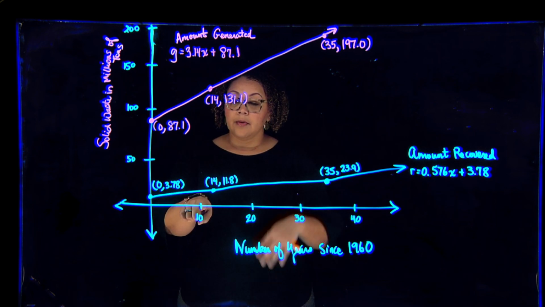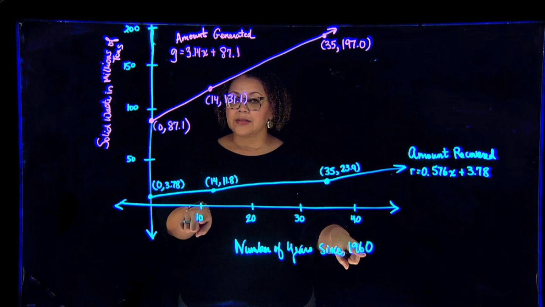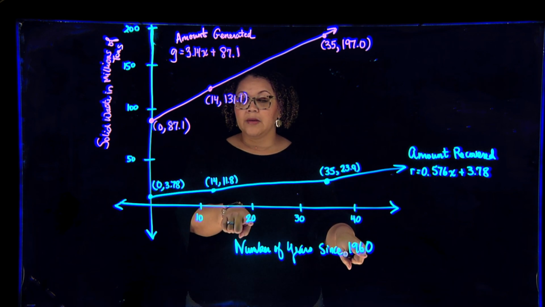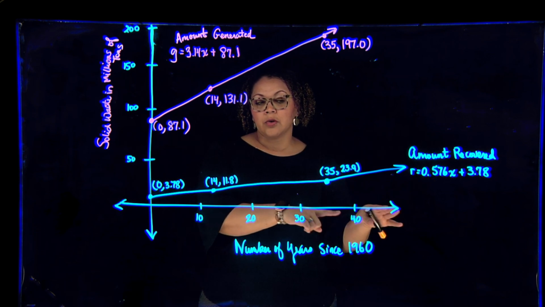At 10, imagine adding 10 to 1960, so that would be the year 1970. 20 would be the year 1980. 30 would be the year 1990, and so forth.